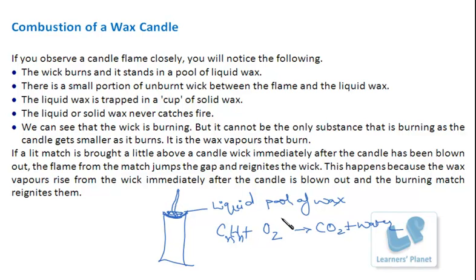This wax is an organic compound, that is, a compound composed of carbon and hydrogen. When it burns, it reacts with oxygen, producing carbon dioxide and water, plus energy. This energy is released in the form of this flame, that is heat and light.